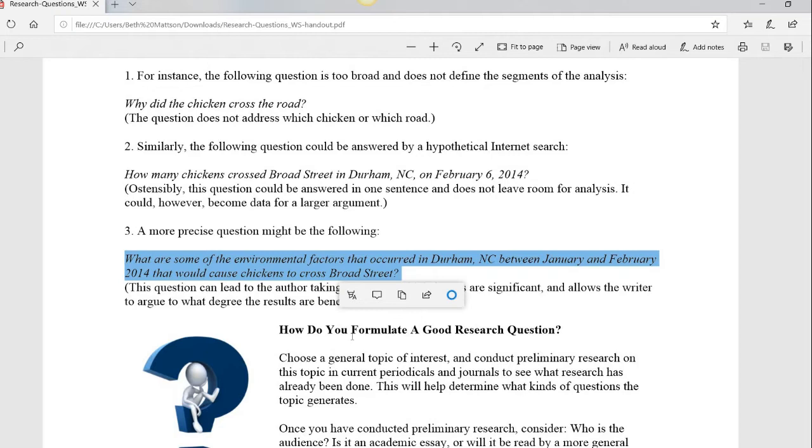If one chicken was being chased by a fox and they had evidence and documentation of that, if they had a trail cam out looking at one chicken being chased by one fox, that is objectively true. Does it make it the only answer for why more or less chickens crossed Broad Street that day?